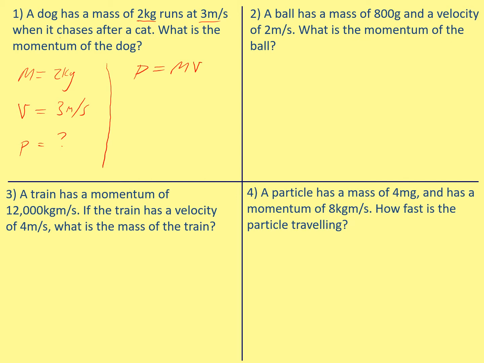Put in the numbers we know. We don't know P, so I'll leave it as P. We do know M, so I'm going to write down M is 2. And we do know V, so I'm going to write down 3. And now we're left with the equation P equals 2 times 3, so therefore P is 6 kilograms meters per second. And that's the answer.